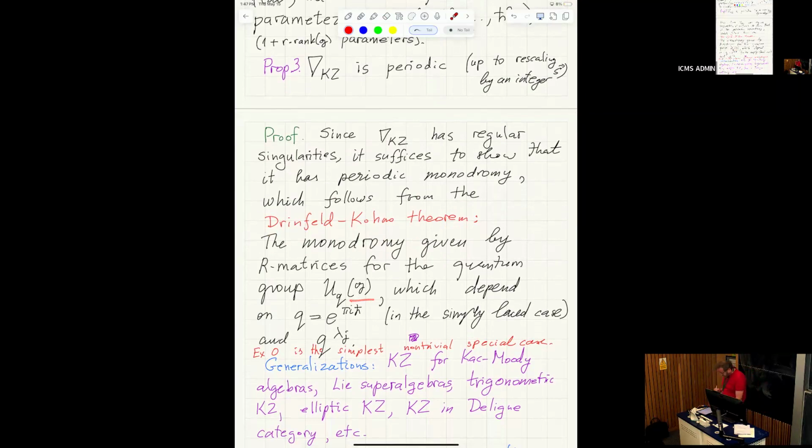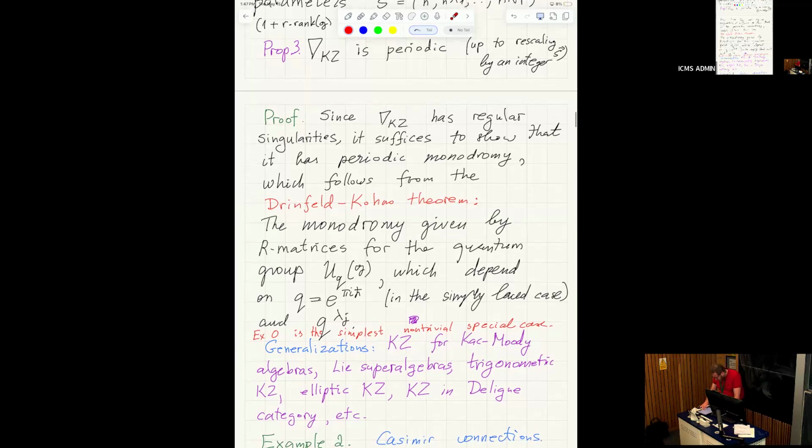And this monodromy then depends on e to the pi i h bar in the simply laced case, which is called q, and q to the lambda i. And this implies that there is periodic monodromy.